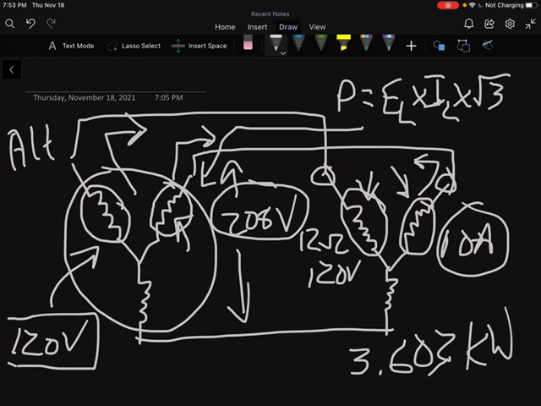So that would be the power of our load and also the power seen at our three-phase alternator.